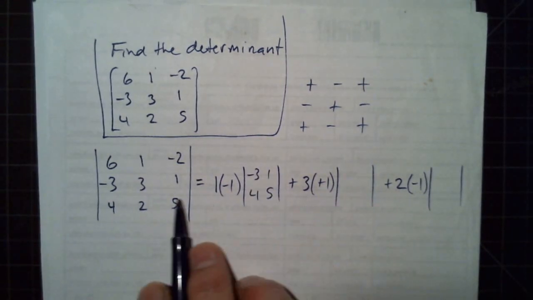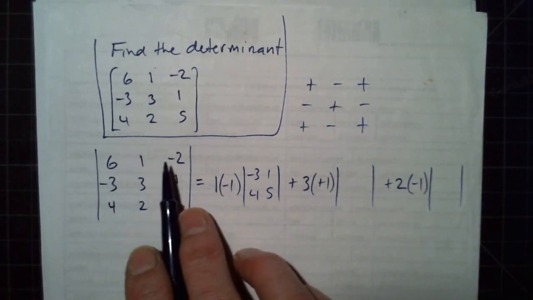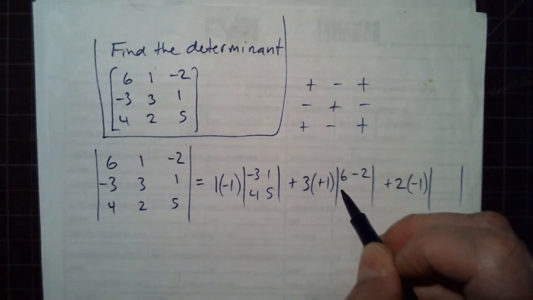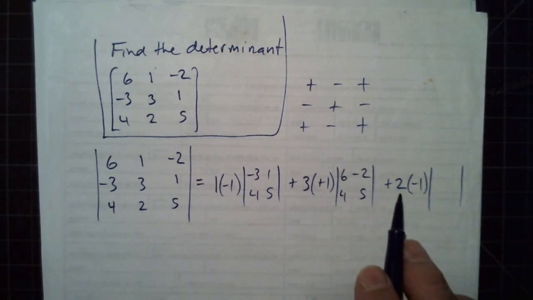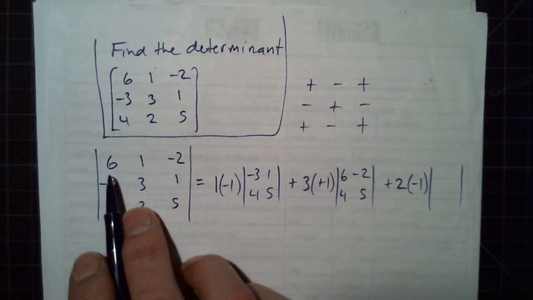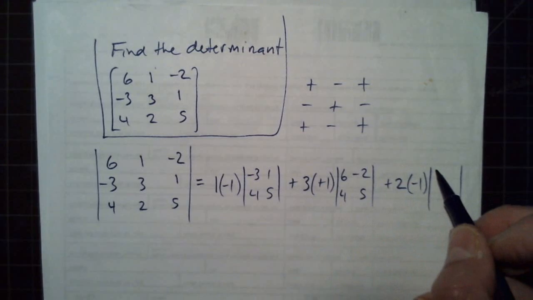We look at this element, cross out the row and the column. 6, negative 2, 4, 5. And we find the 2, cross out the row and the column. 6, negative 2, negative 3, 1.